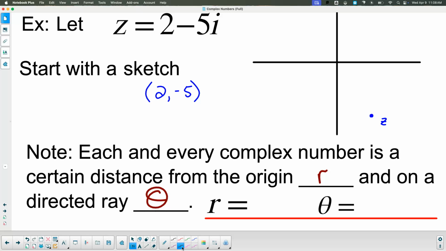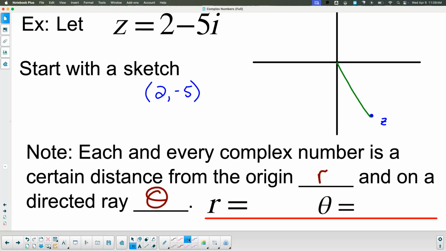Okay? So, for instance, r here, we can do it all right here. Okay? So if this is my origin, r would be this distance right there. How would I be able to find my r value? Pythagorean theorem, so what would it be?